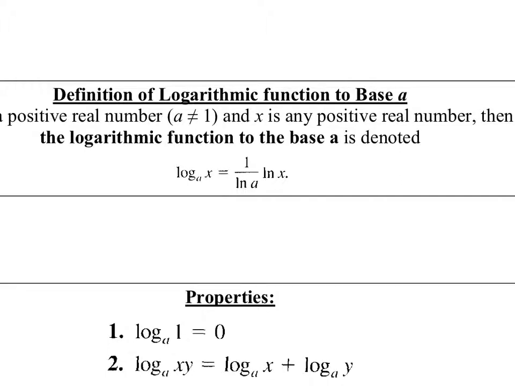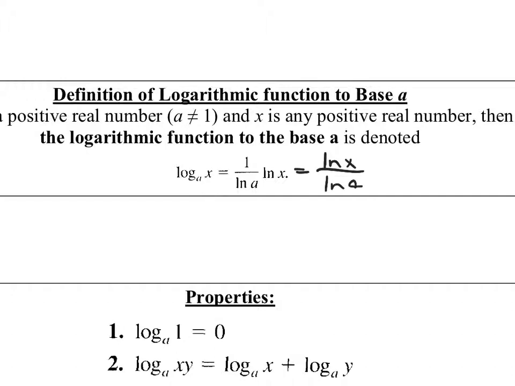And the whole reason behind that is because we know how to take derivatives and integrals of E, okay? So we have the log base A of x is 1 over ln of A times ln of x, or using the change of base formula in the form we're a little more used to seeing it, ln of x over ln of A.